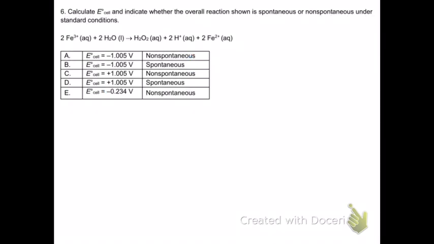Here we're calculating the E standard of a cell and then using that information to figure out if it's going to be spontaneous or non-spontaneous under standard conditions. So our first quest is going to be to figure out what the reduction and oxidation half reactions are. For the reduction, we're turning iron 3+ into iron 2+. And remember, standard potentials are intensive properties. So it doesn't matter what the stoichiometric coefficients are.